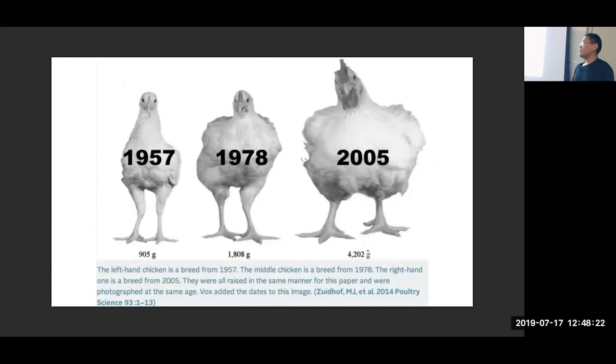These are chicken breeds used in agriculture. The chicken that we ate for lunch today look like this. These birds were raised in the same way, fed the same food, and photographed at the same age. They are the product of selective breeding on the part of farmers. At some point around maybe the last 10 years, agricultural breeding of animals switched almost entirely to SNP-based predictors.